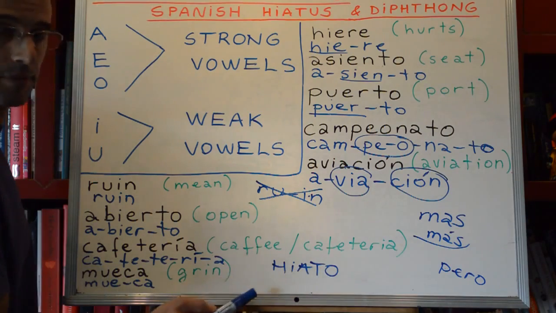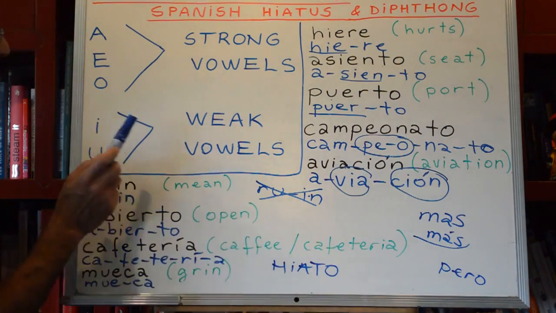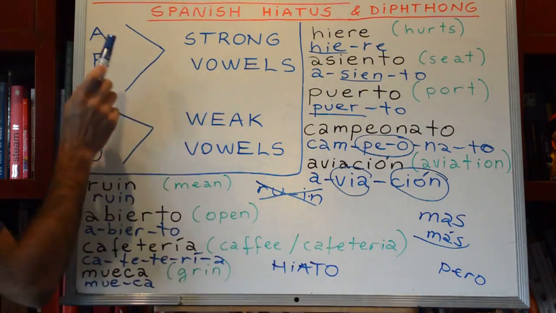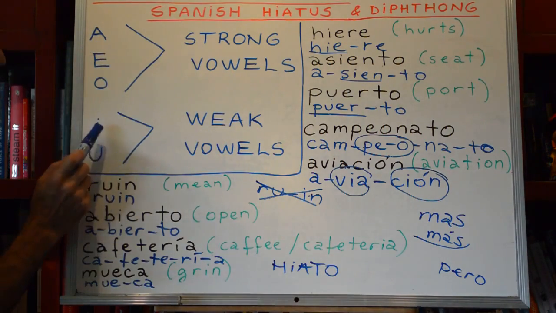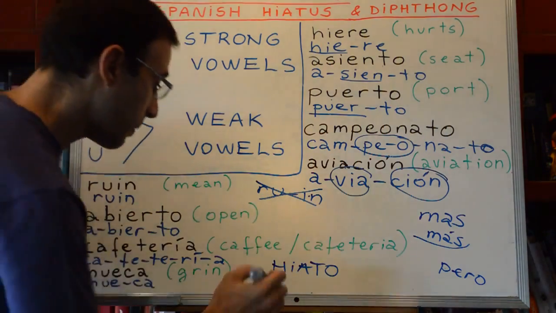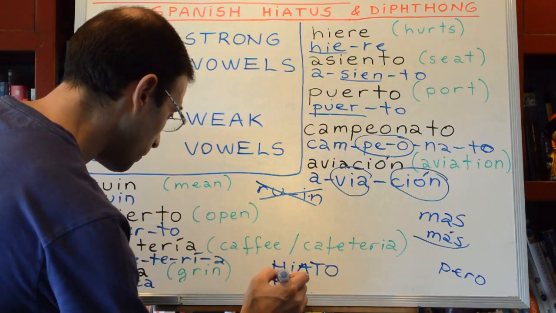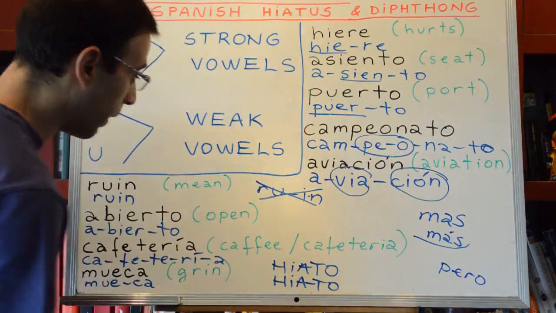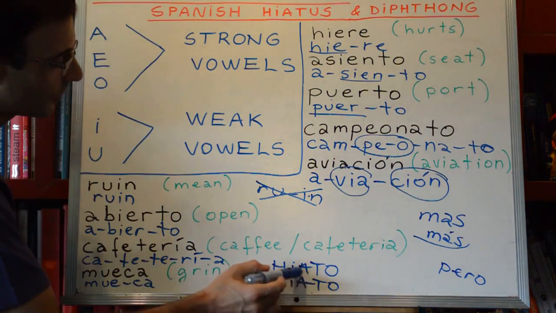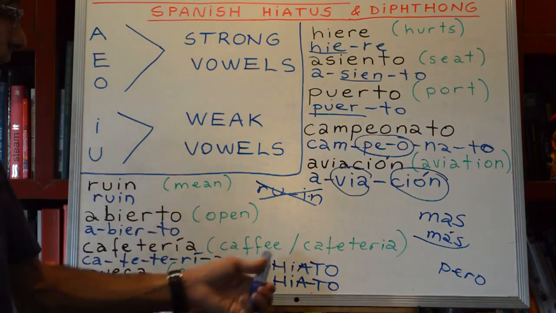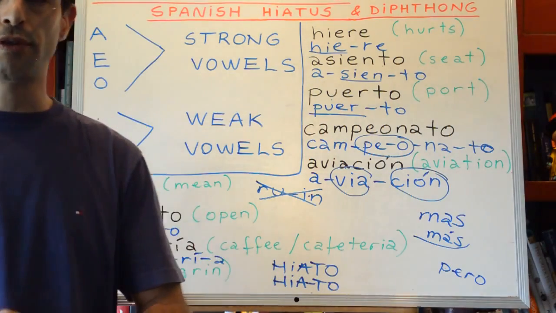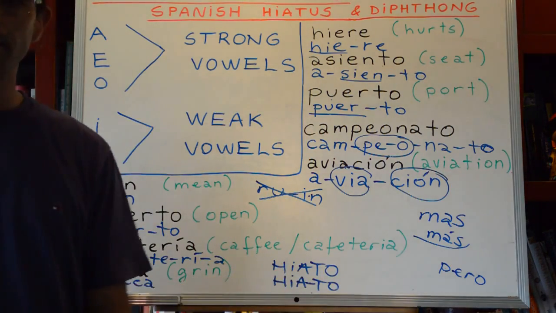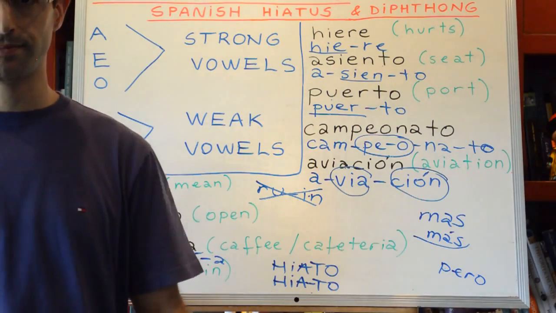A and I. I is a weak vowel. A is a strong vowel. So the weak vowel cannot be separated from the strong one. So ya, to. Ya is one syllable. So the hiato, the Spanish word for hiatus, actually has a diphthong.